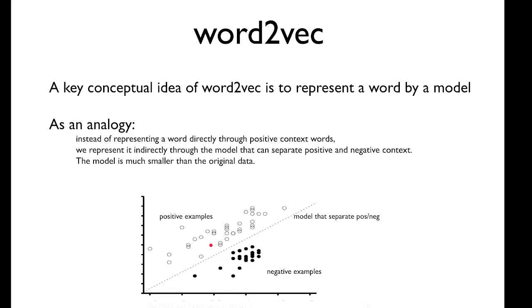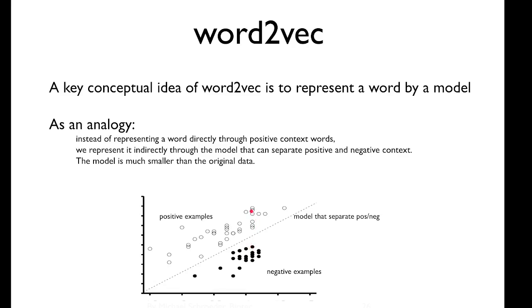And you can consider it like this if you remember this drawing where we, in week 3, explained how to basically turn a regression problem into a classification problem. We had positive examples, we had negative examples, we had a regression line that separates the two. That's our model. And a key idea of word2vec is that all of this massive amount of data, so let's imagine this is not just a handful of points like here, but maybe millions or billions of data points over here.